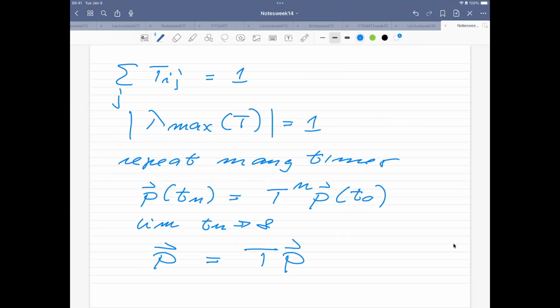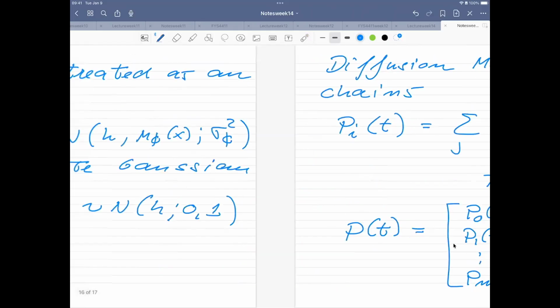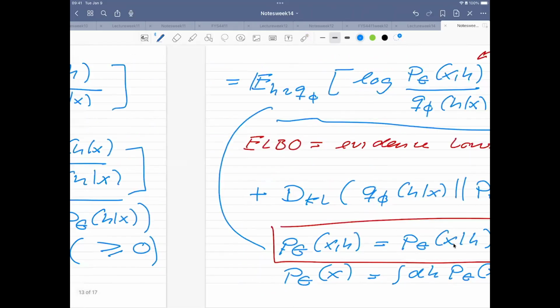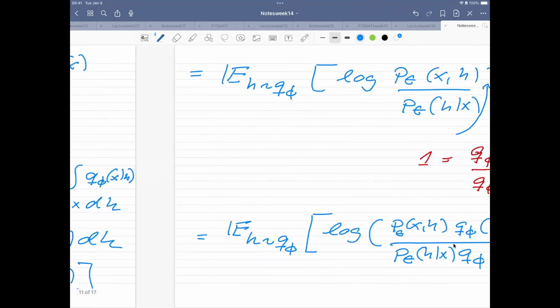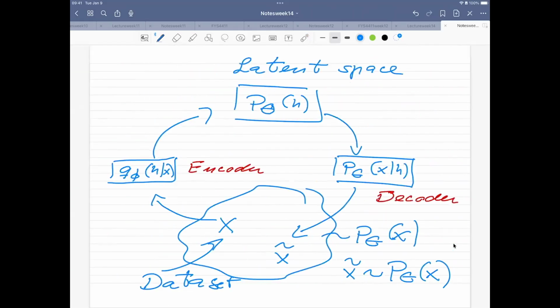But now you may ask, where do the diffusion models come in here? So the way you can think of this, if you look at what we had with variational autoencoders, is that in the variational autoencoders we just had one latent space. So we had the decoder part in here.